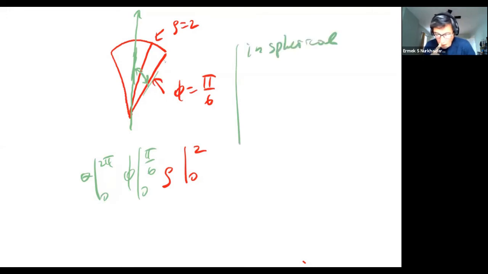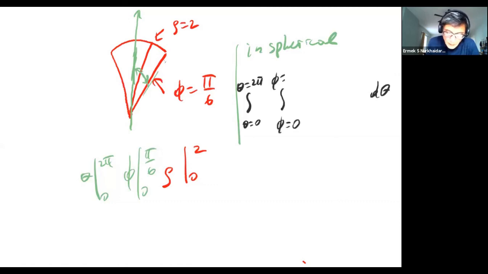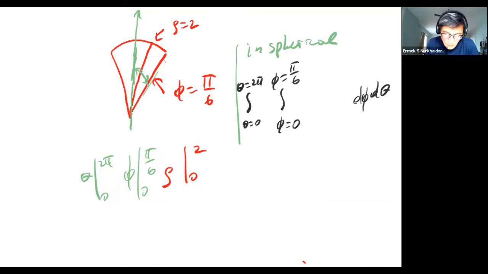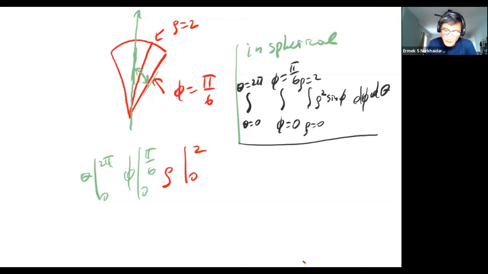In spherical, our integral is going to look something like this: integral theta from 0 to 2 pi, integral phi from 0 to pi over 6, integral rho from 0 to 2, and inside, don't forget the price to pay to switch to spherical, rho squared sine phi. So that's how the integral is going to look in this case.